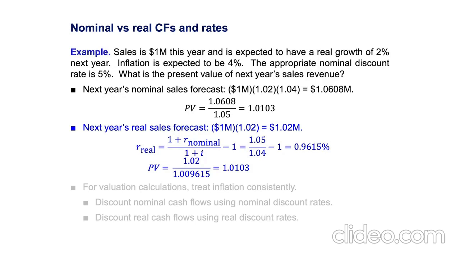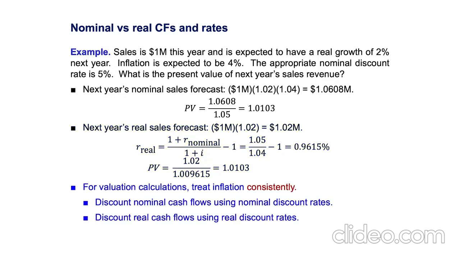Then the real discount rate should be 1 plus the nominal discount rate divided by 1 plus inflation, minus 1. Finishing that gives us 0.9615%. That's the real discount rate. Then using the real cash flow and the real discount rate, we can also get $1.01 million in present value terms.